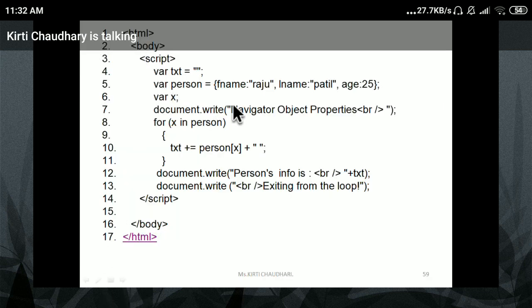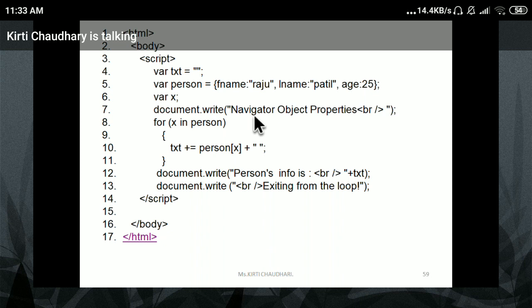Okay, it is specified here: name and value, name value, name value, correct? So when I say person equal to this, that means there is one object and it has three properties. First one F name, L name, and age.